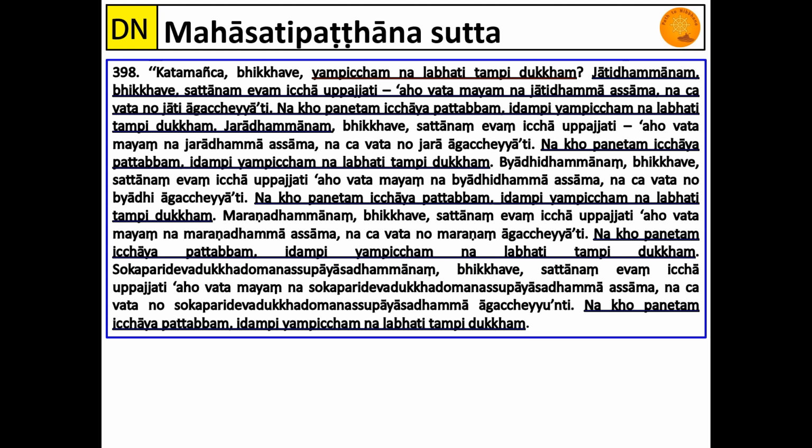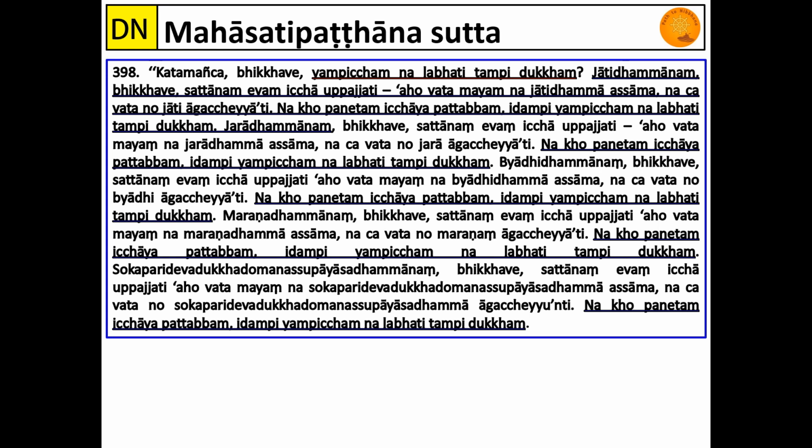So what they are explaining is also explained very clearly in the Saccavibhanga Sutra. So let's discuss it properly when we get to the Saccavibhanga Sutra. Until then, we'll try to understand where they have talked about Jati Dhamma, right?